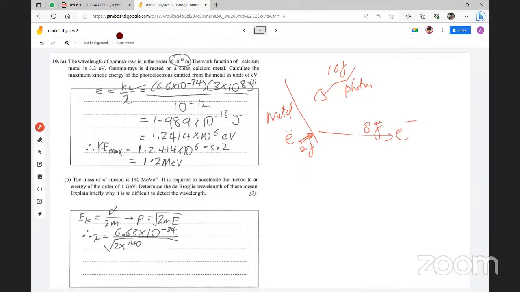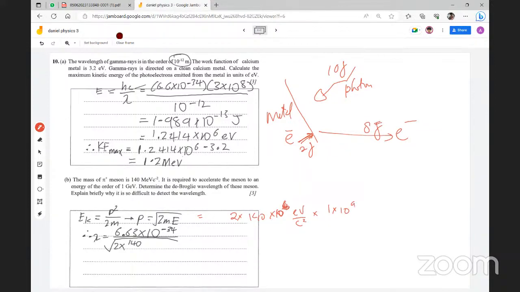You want the momentum, right? So the momentum is the square root of 2 times the mass, which is 140, the mega is 10 to the 6, and this strange unit called eV over c squared, times the energy. The energy will be 1 giga electron volt, so 1 times 10 to the power of 9.